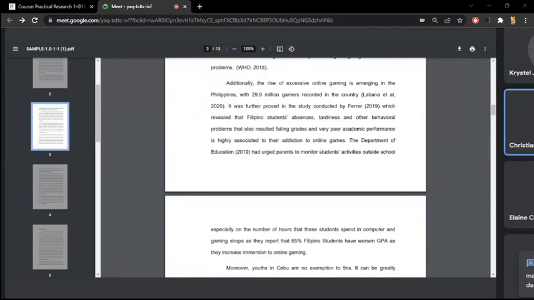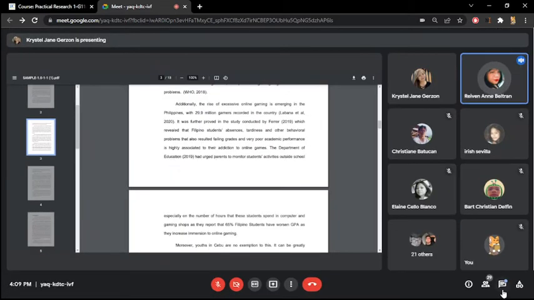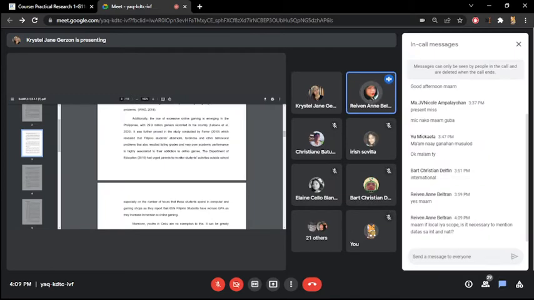Okay, so we have a question from Raven here. Ma'am, if local is the scope, is it necessary to mention data as international or national? I don't quite get this. Raven, can you please clarify this one? Ma'am, in your example, I realized that the study mentioned data from international, then national, and then local.